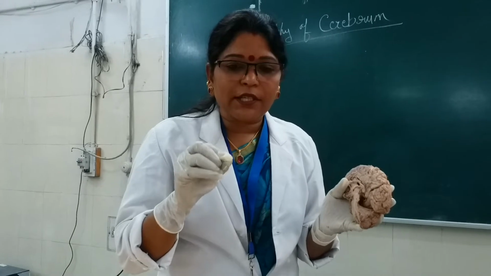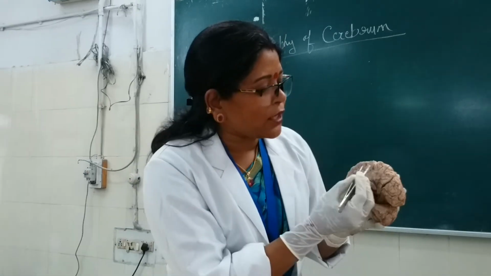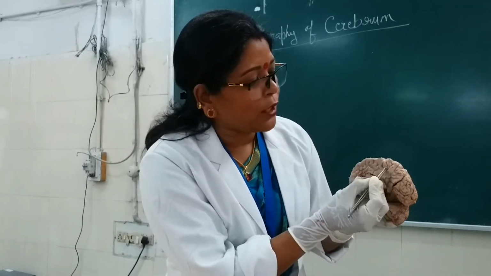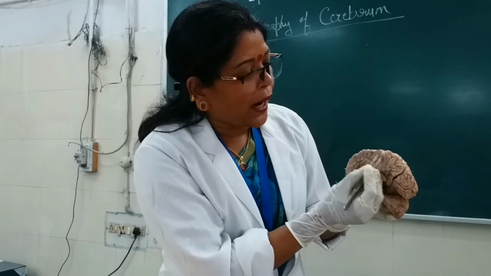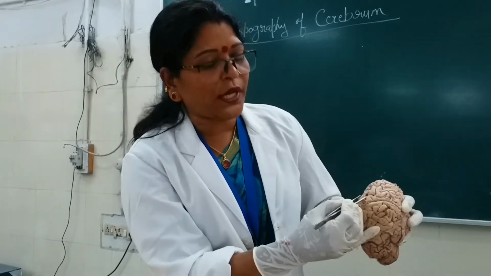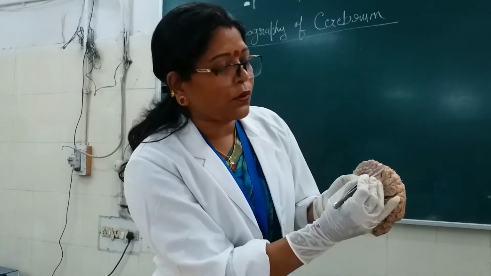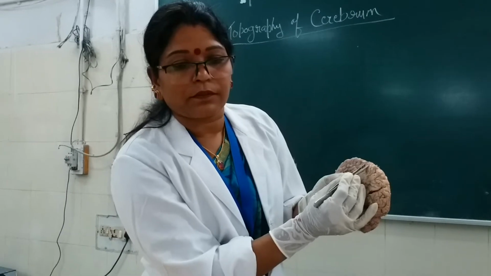Think properly about the nomenclature: the paracentral lobule is the part of the gyrus around the central sulcus. So the anterior part of this paracentral lobule is a component of the motor area on the superolateral surface. That's why this is also area number 4 here, isn't it?